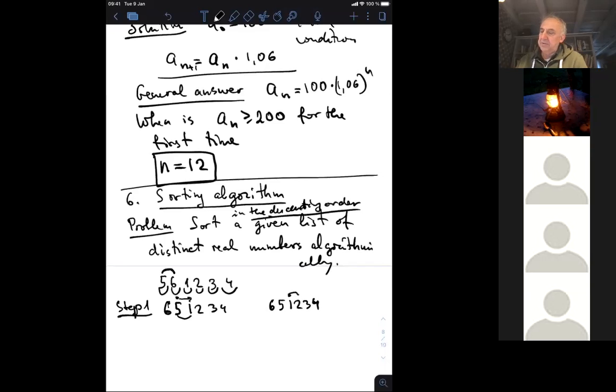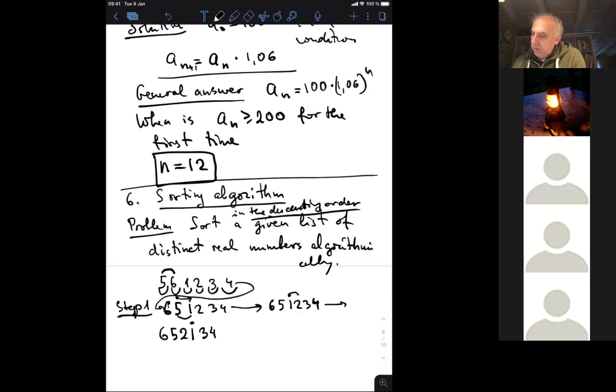We're comparing these two. 2 and 1, they are not in the order, so we'll be changing places. So we'll have 6, 5, 2, 1, 3, 4, and the bubble is here.